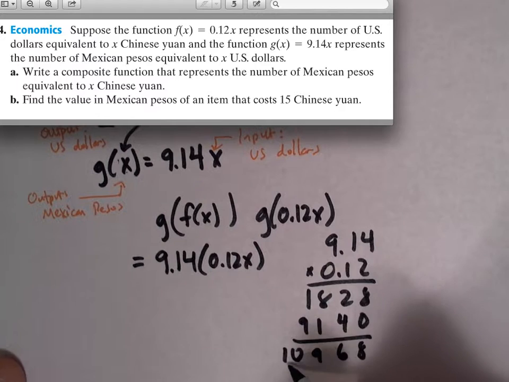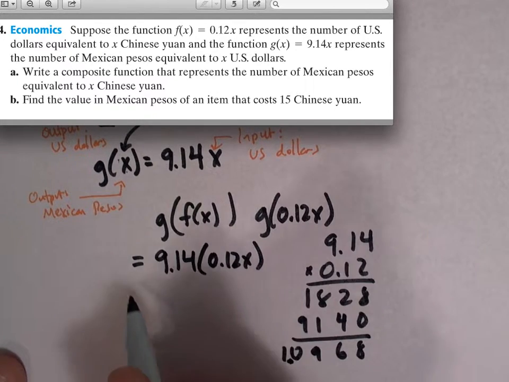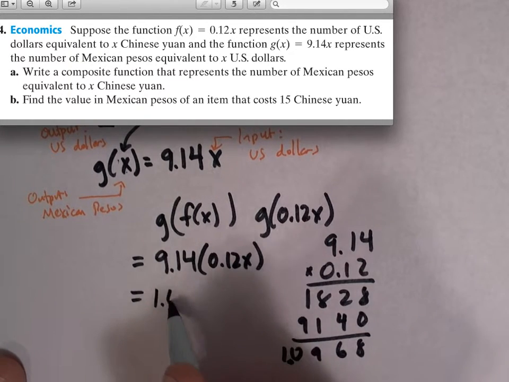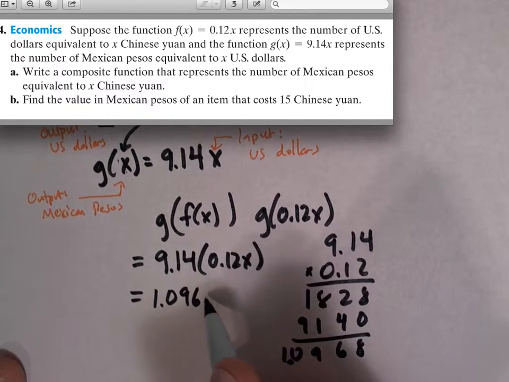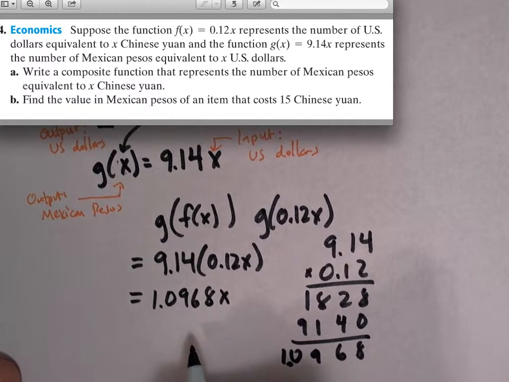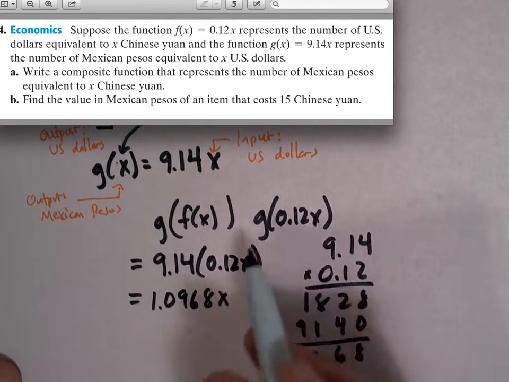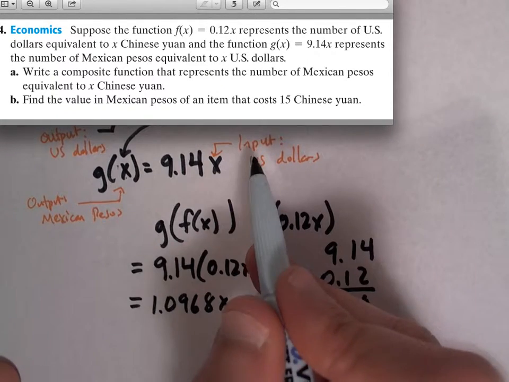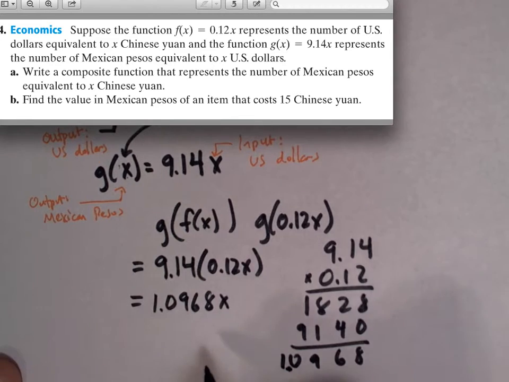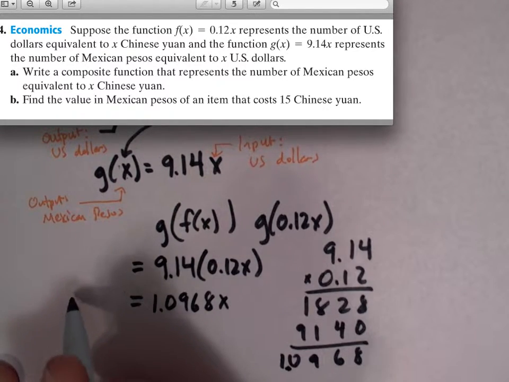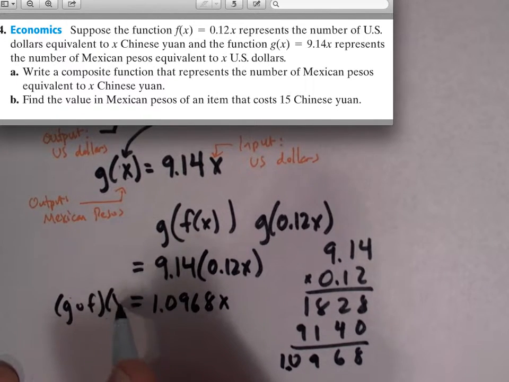So we get 1.0968x. This will be our function to convert from an input of Chinese yuan. We'll follow the chain all the way and get an output of Mexican pesos. We'll call that g of f of x.